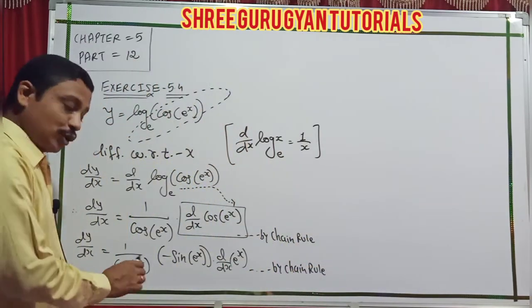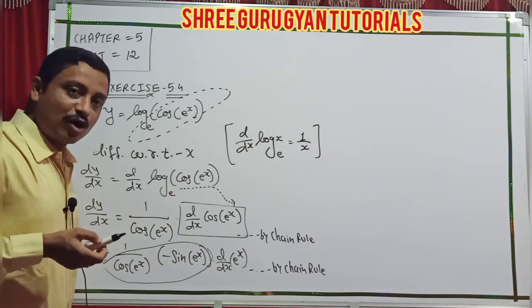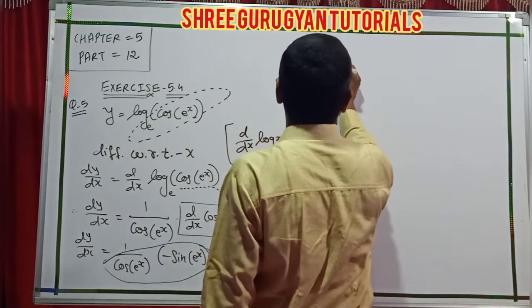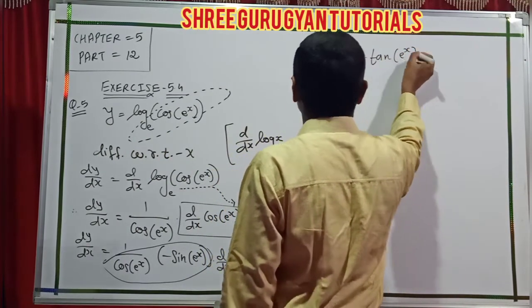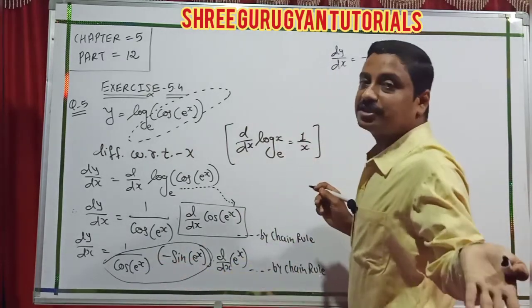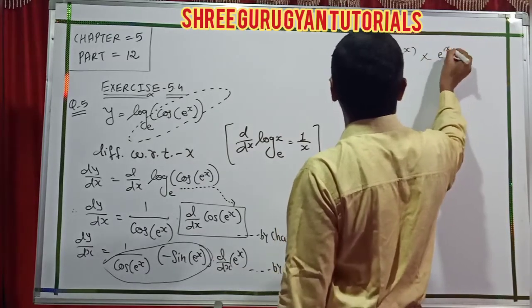So finally how much is it? Minus sign by cos, the internal function same. So my answer, students, is minus tan function. Both of these merge, sine by cos is tan theta, and the derivative pending is e raised to x itself.